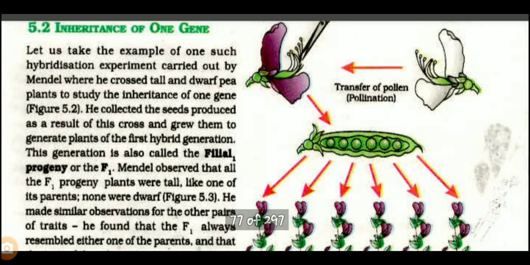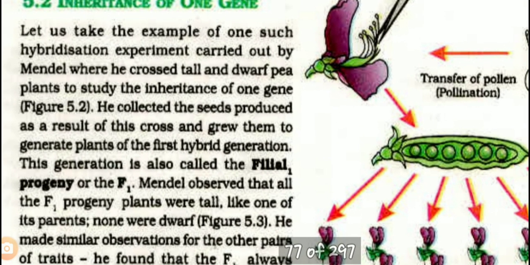Inheritance of one gene. What is inheritance of one gene? It is a hybridization experiment where he crossed tall and dwarf pea plants. The characteristic he chose was the size of the stem, and the contrast was the tall and dwarf traits.